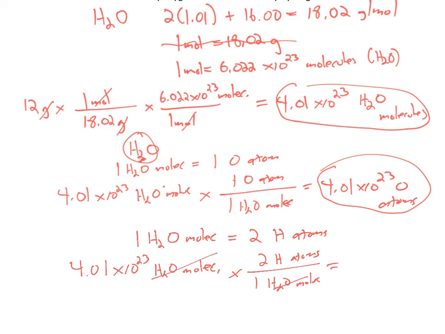So multiply by 2, divide by 1, I get 8.02 times 10 to the 23rd hydrogen atoms.